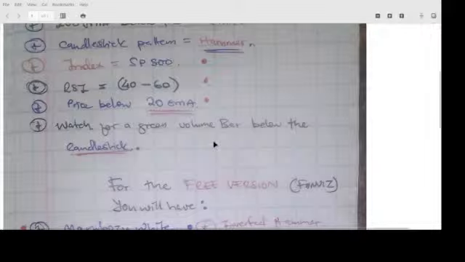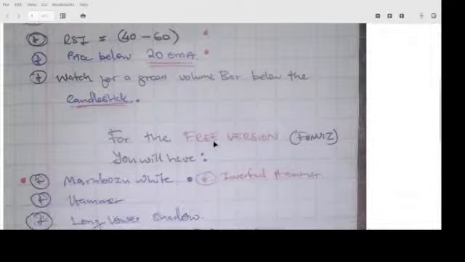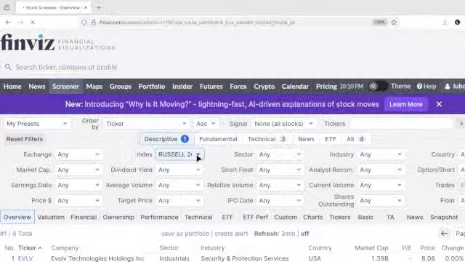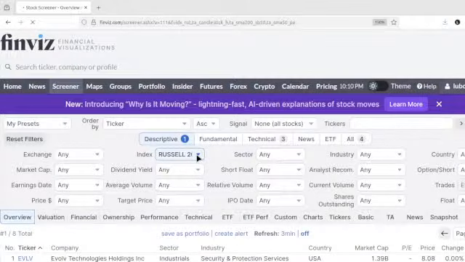So I'm going to show you the right pattern to trade. Okay. So now when you come here, let's do this. First, we're going to change this to S&P 500. Okay.